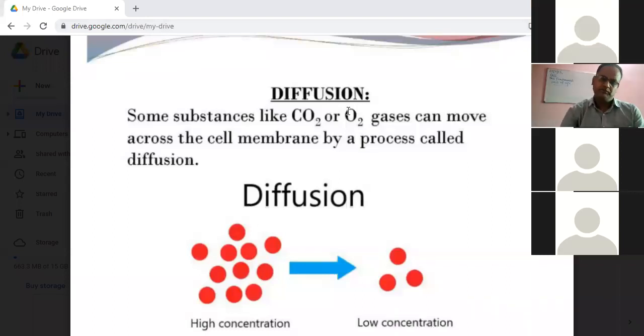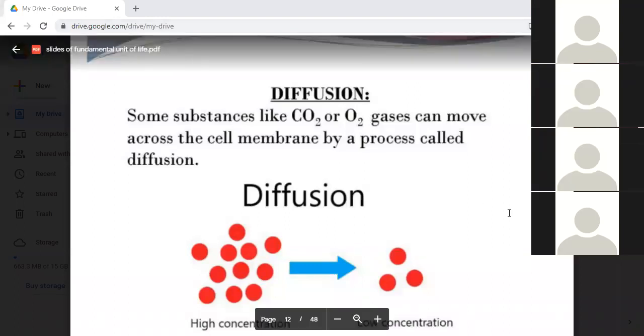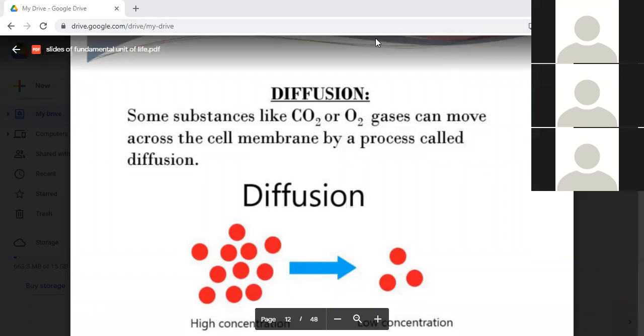Anyone? Again, the same student, Jyoti is always raising her hand. Okay, now Saloni also. Saloni, unmute yourself. Yes, sir. Diffusion is defined as an intermixing of particles of two different types of matter on their own.